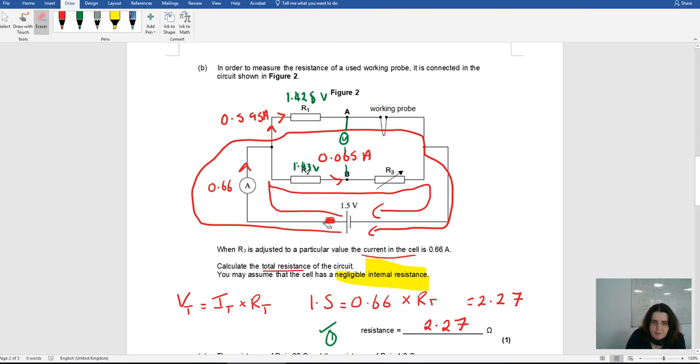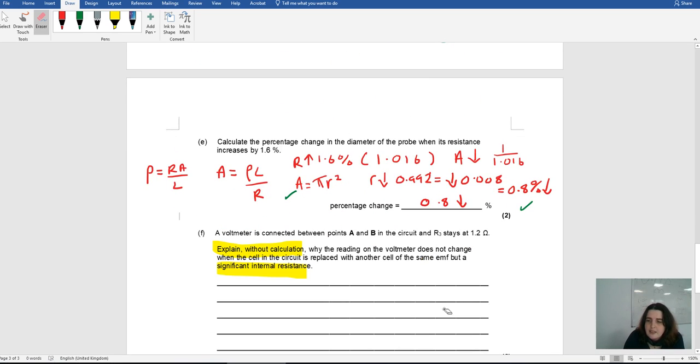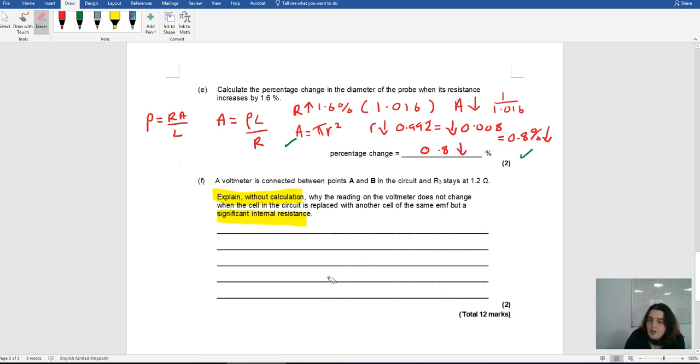So it doesn't matter if there is an internal resistor because the internal resistor affects all of the current that is going into the circuit.